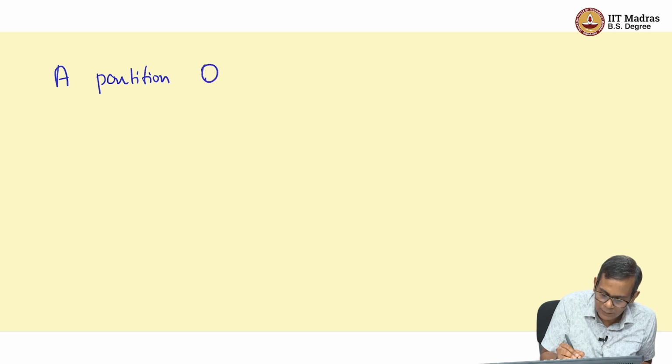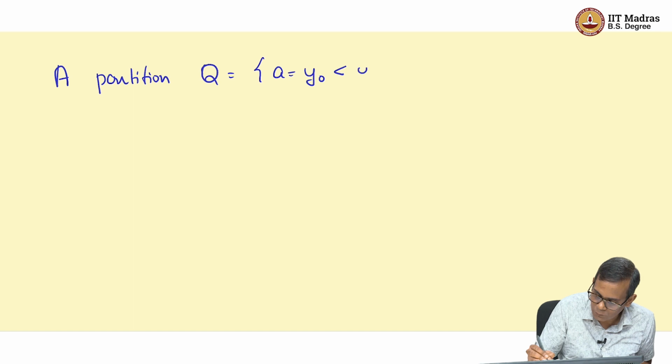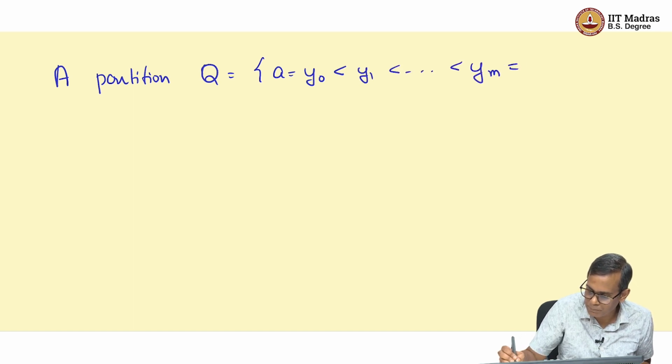Suppose I have two partitions. Let's say this Q is the partition A equals y0 less than y1 less than ... less than ym equals b.